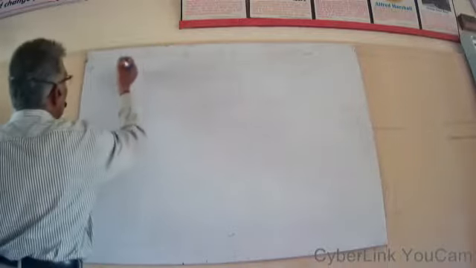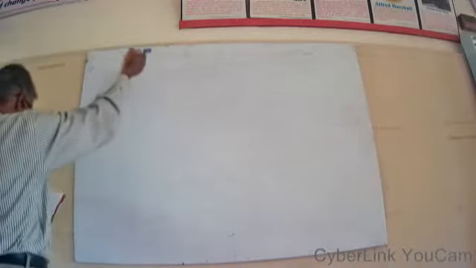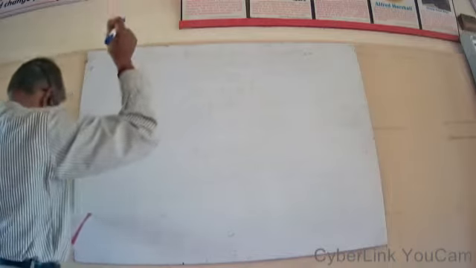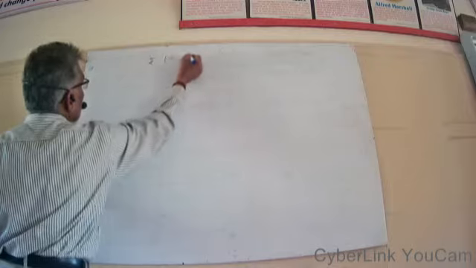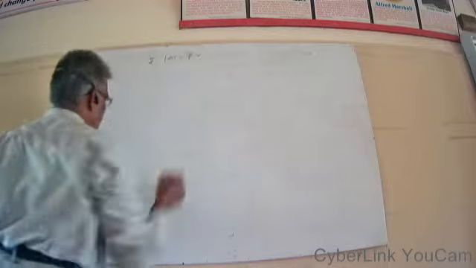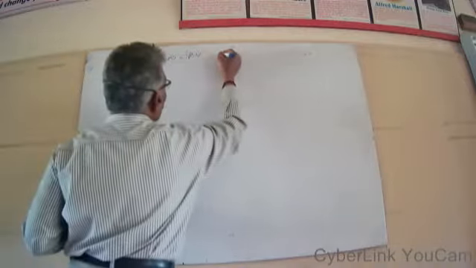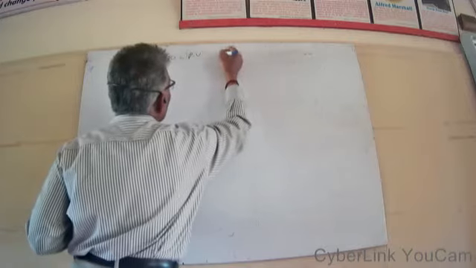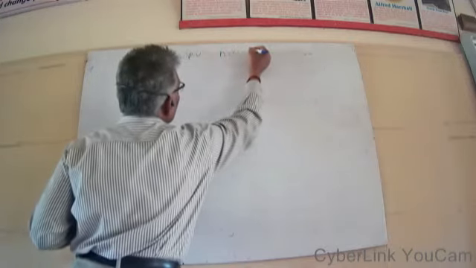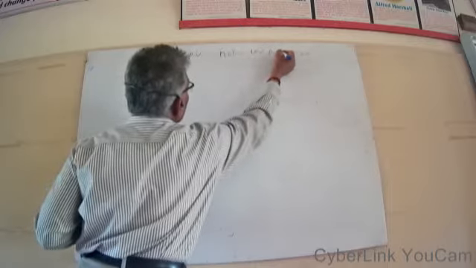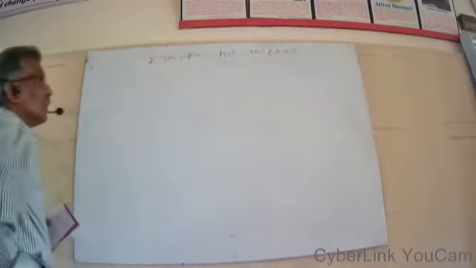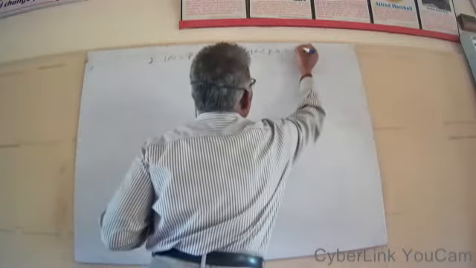This becomes the present value, for 1 year at the rate of interest 10% PA. So n equals 1, for 1 year at the rate of 10% PA. This is equal to I.